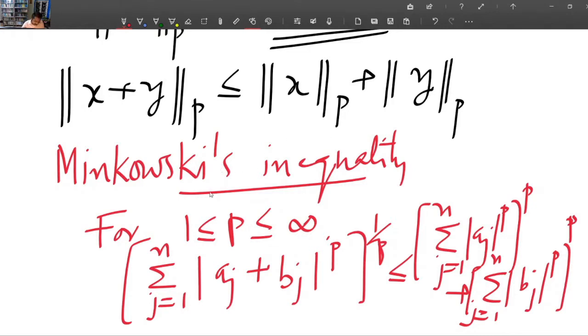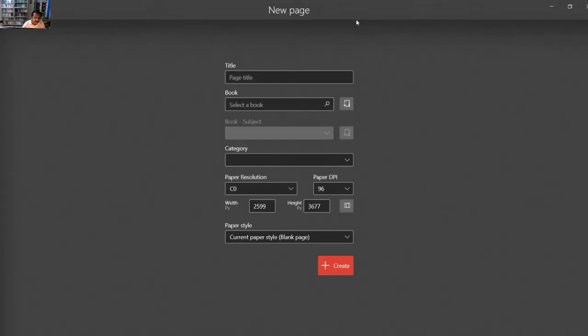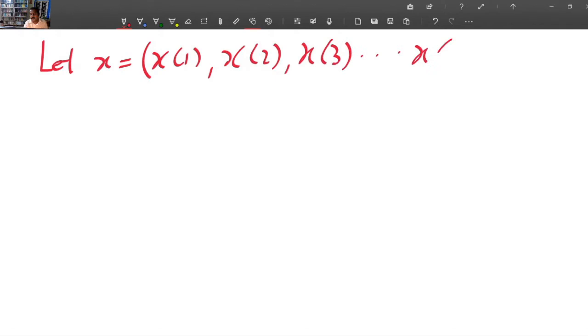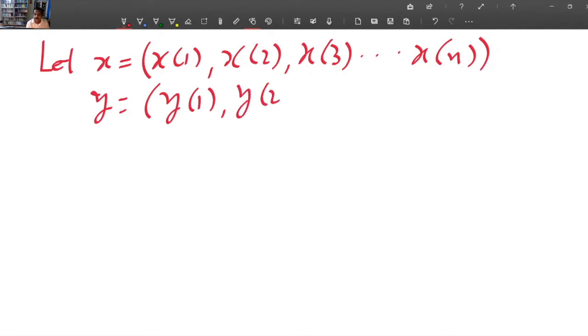So using this you can prove the triangle inequality. Let x is equal to x of 1, x of 2, x of 3, etc., x of n, and y is equal to y of 1, y of 2, etc., y of n.